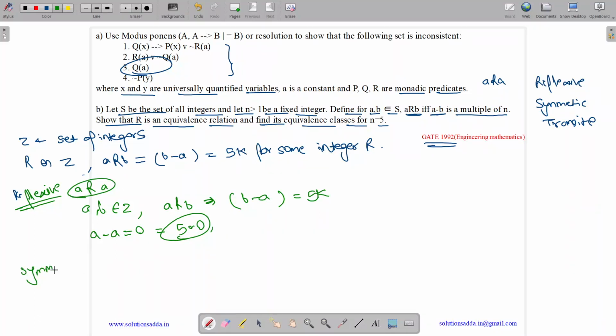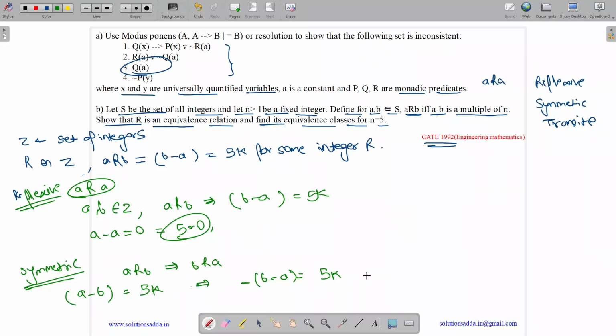Let us see the second property, symmetric property. If A is related to B, then B should be related to A. So what does A related to B mean? It means A minus B is a multiple of 5, which equals 5k. Can we take minus common? Yes, we can.